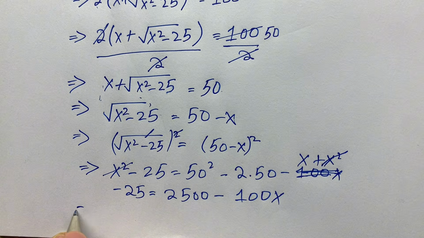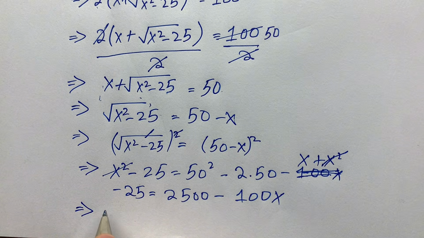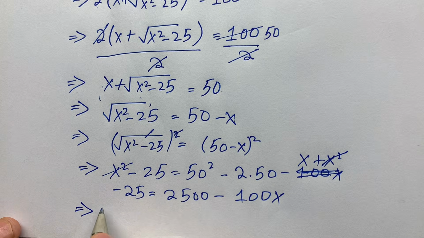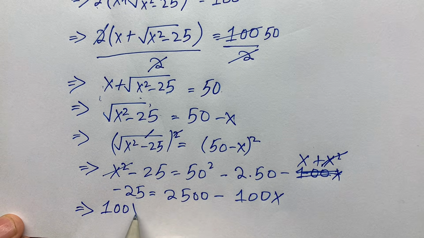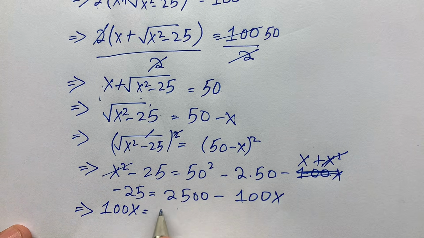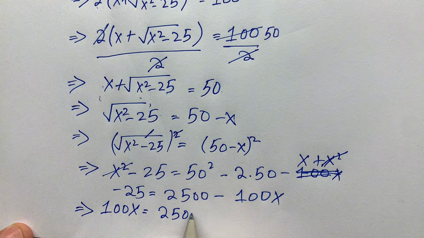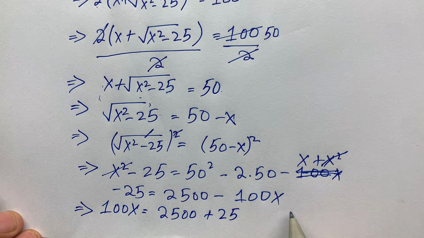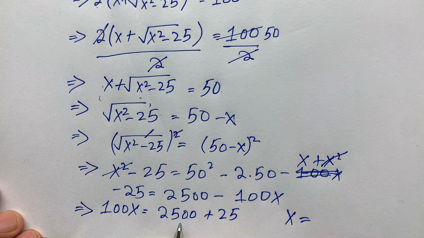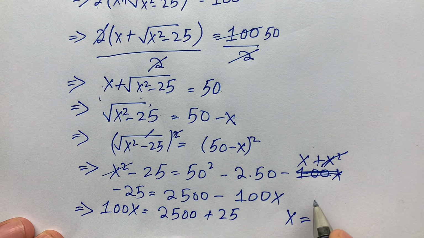Next step, 100x moves to this side: 100x = 2500 + 25, and now x = (2500 + 25) divided by 100.